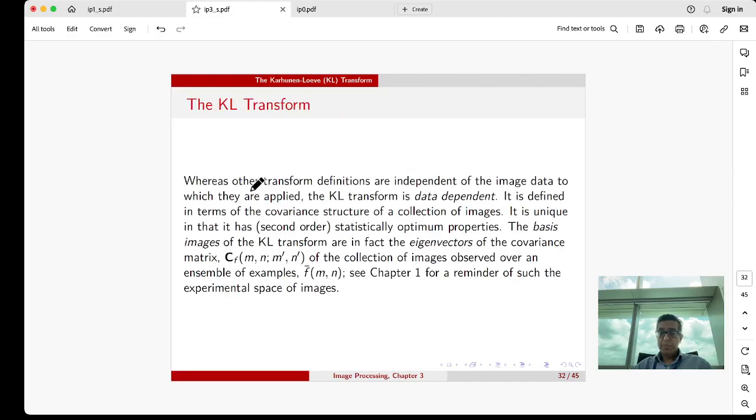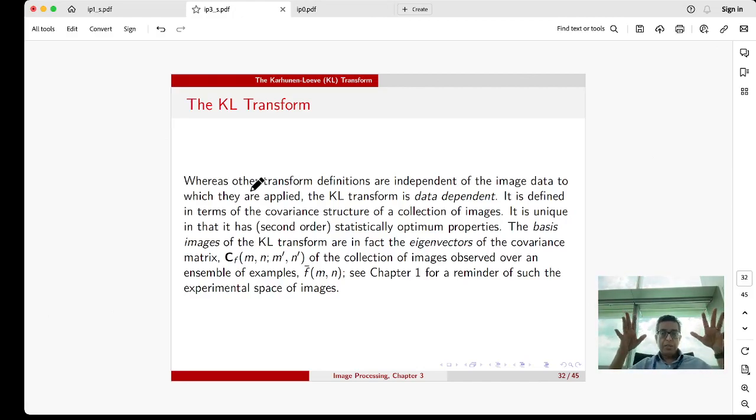Okay. Now, so far we've looked at a series of transforms in which the basis images or signals are predefined and are unrelated to the data apart from the size of the input image.